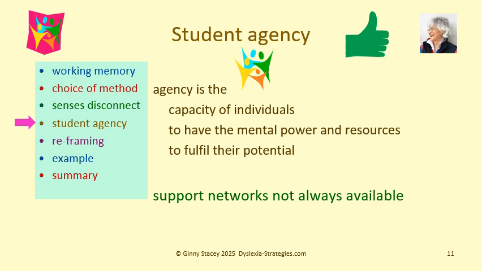But I'm not requiring support networks to be with me all the time. The capacity for agency is something that is really important to dyslexic SBLD students. One lad I know said, I don't want to be told I'm a valuable person. I want to be told how to do something.